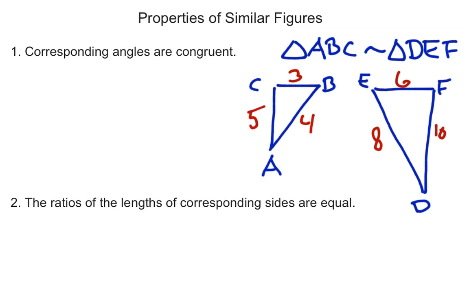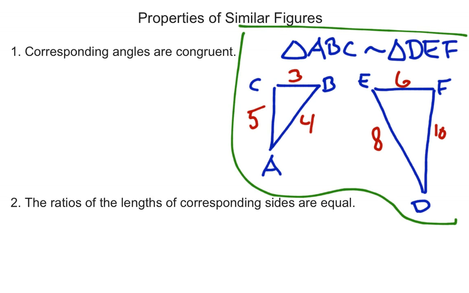Okay, properties of similar figures. So now we're going to start to talk about these corresponding parts a little bit. I have my little figure over here that we're going to use. There's the picture, there's the problem that we're looking at. It says properties of similar figures.